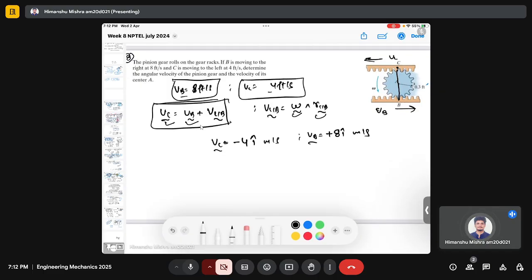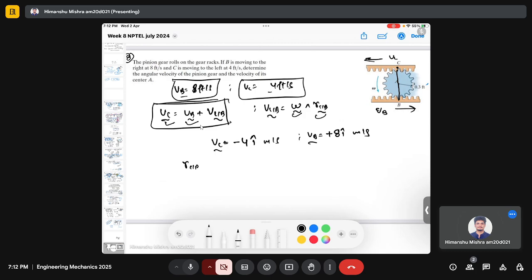Similarly, my position vector will be given as 0.6j, and my angular velocity, which is unknown, will be given by omega k. So the direction of omega is out of the screen, in the z direction.